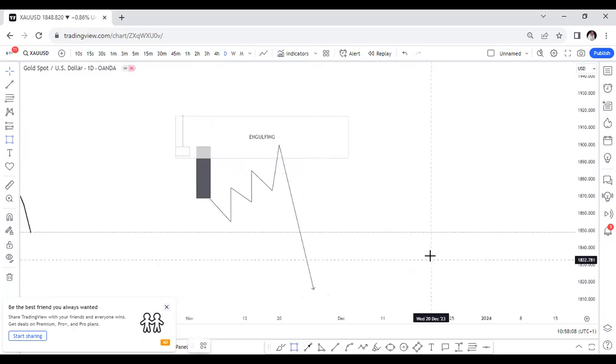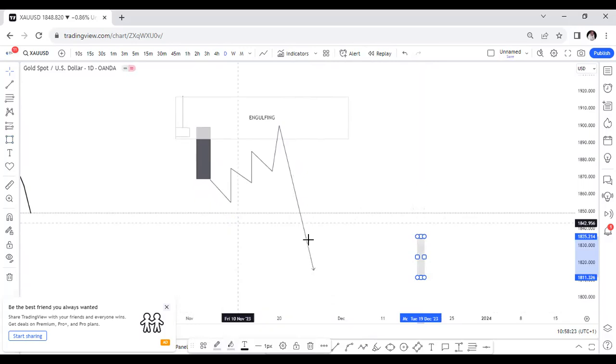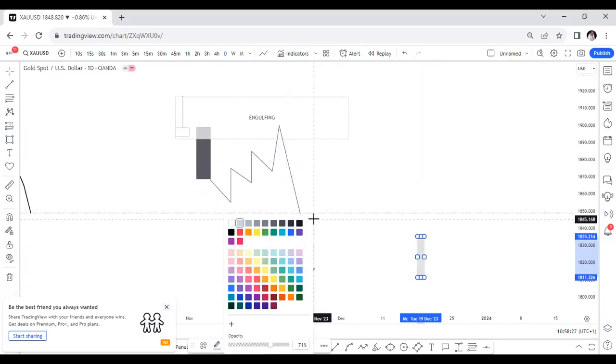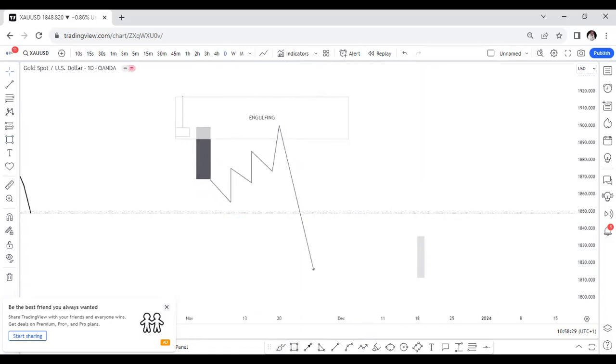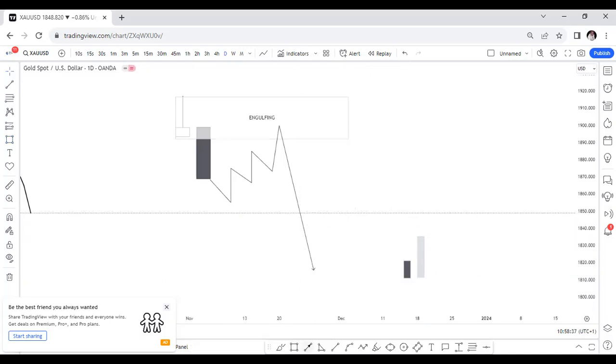If you have an engulfing like this, or let me put it down, you have this as our bearish candle, right?